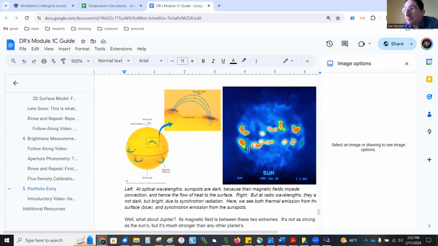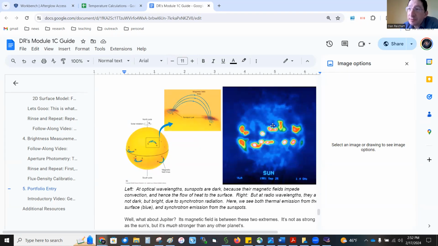Probably the best example of synchrotron emission in our solar system is from the sun. The most powerful magnetic fields in the solar system are on the sun, and they're tied to the sunspots. So here's a diagram of the sun. Sunspots occur in pairs, and they're caused by when the magnetic field exits the sun and re-enters. And they give you dark spots at visible wavelengths.